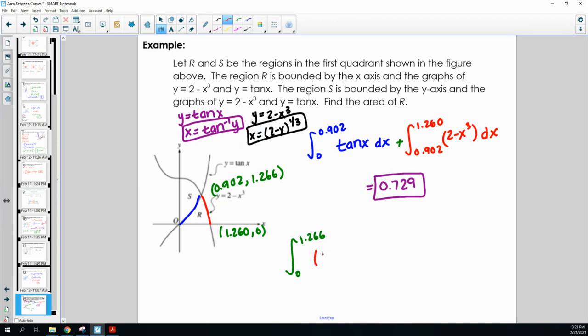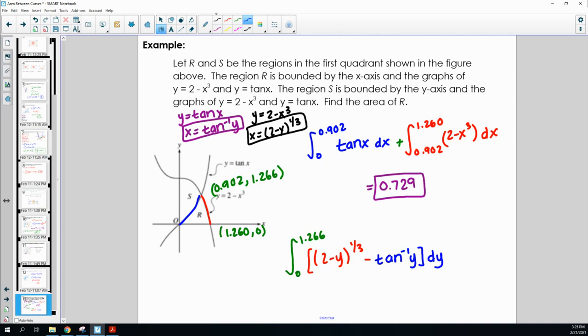So it's going to be 2 minus y to the 1/3. Minus the left function, which was tan x, but when we solved it in terms of x equals in terms of y, we end up with inverse tan of y. And then we're going to have dy because we have the y variable that we're using.